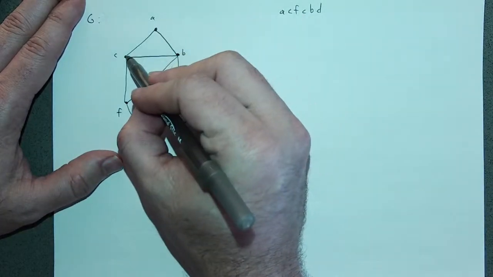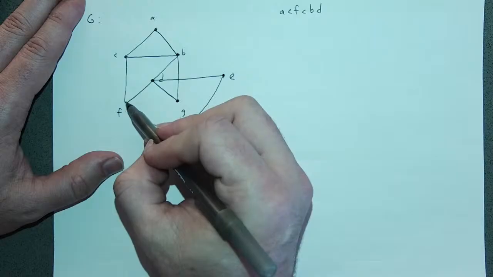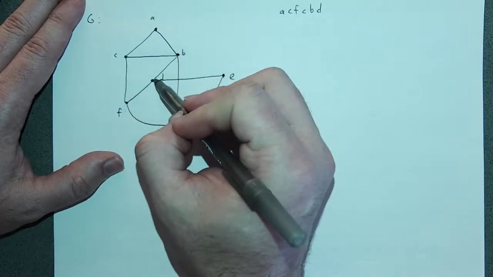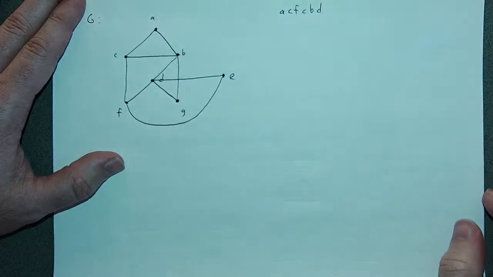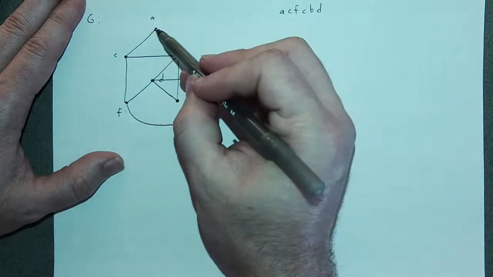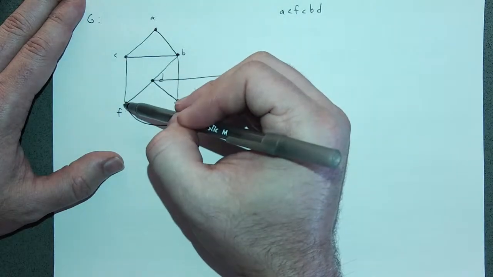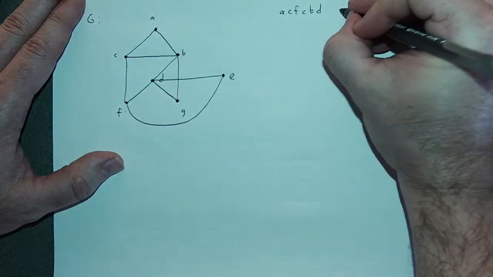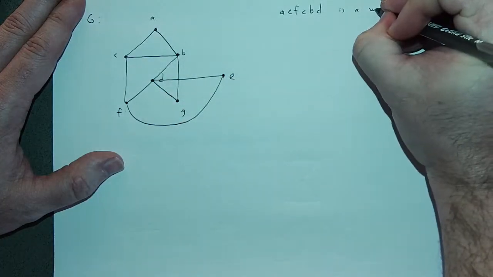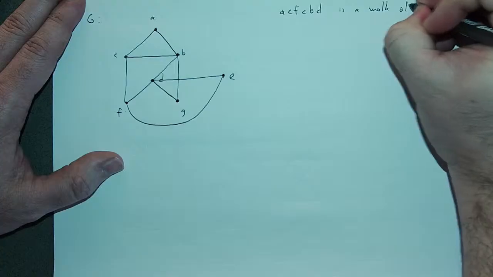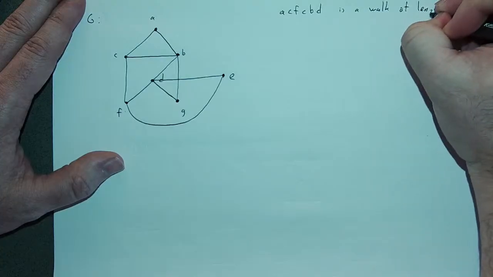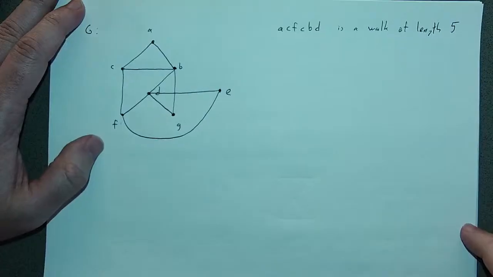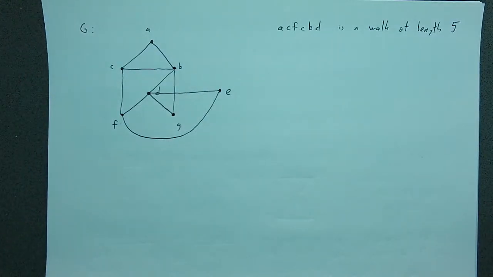A, C, F, C, B, D. Okay, what is the length here? 1, 2, 3, 4, 5. So this is a walk of length 5.